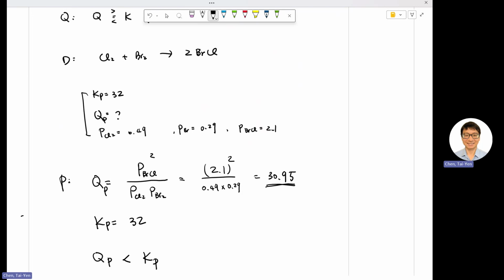Therefore, the reaction is going to move to the product side. So that's how you address or solve these questions.